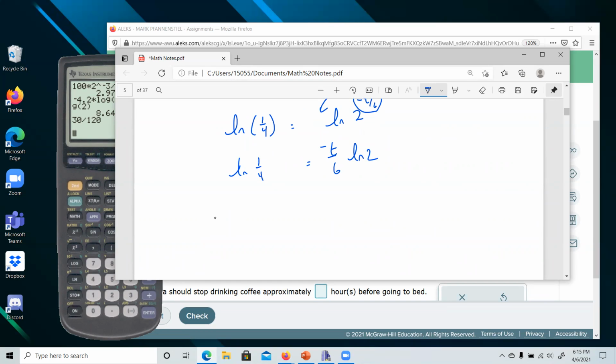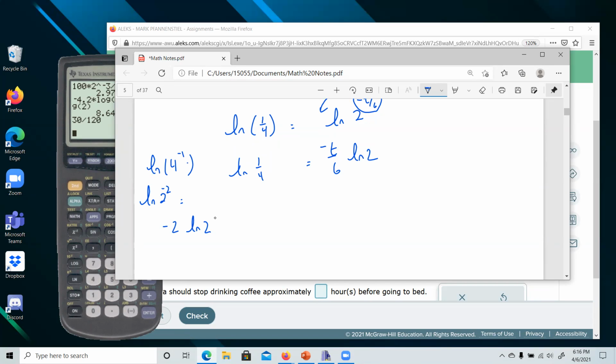And I am going to go one further. I'm going to say that 4 is 2 squared. So this is negative 2 natural log 2.